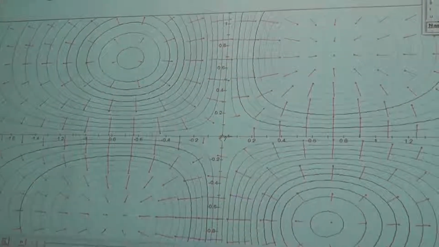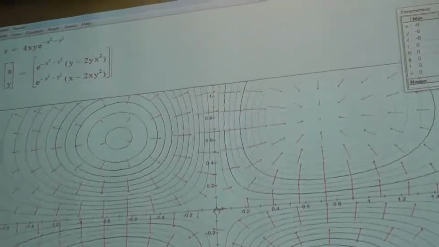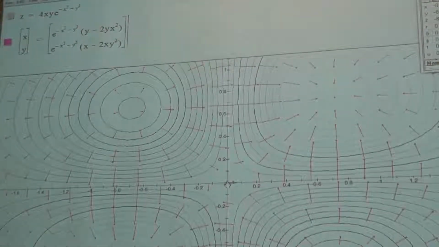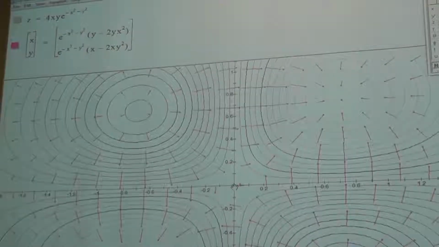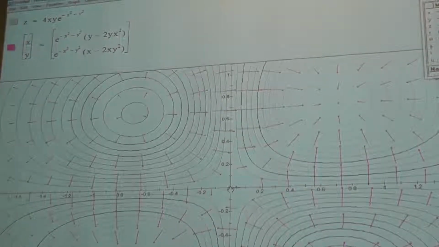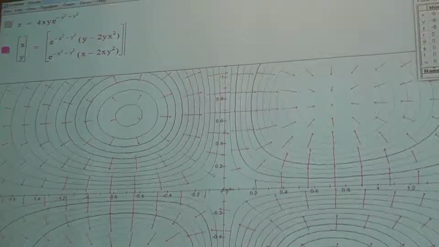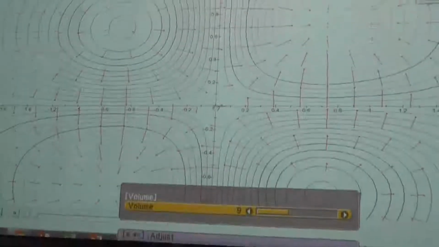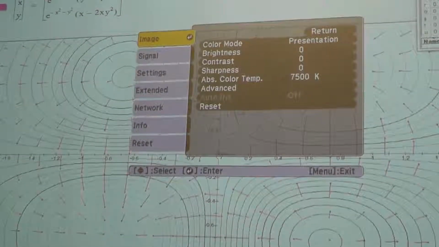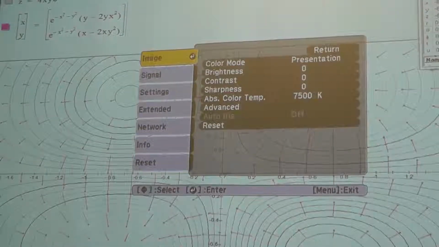Ratio. Can I stand in your seat for a second? Can you pause? I'm going to try to get this thing fixed. Hit the menu, the arrow buttons to make your screen go left or right. I just need the menu. Image, color, brightness, contrast, sharpness, signal, settings.